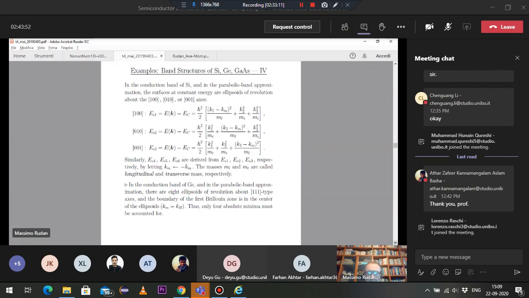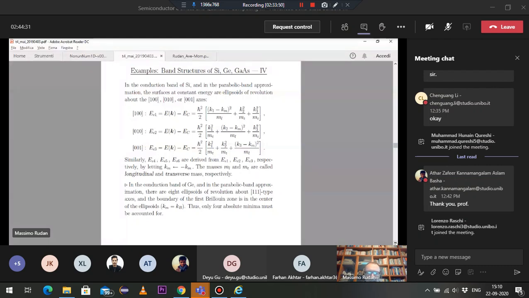ML is called the longitudinal mass because it is associated with the axis K1. The other two terms have K2 squared over some MT. MT is called transversal mass. And the third direction again has K3 squared over MT again. Okay, so we have two transversal masses and one longitudinal mass. So two coefficients are equal, one is different.